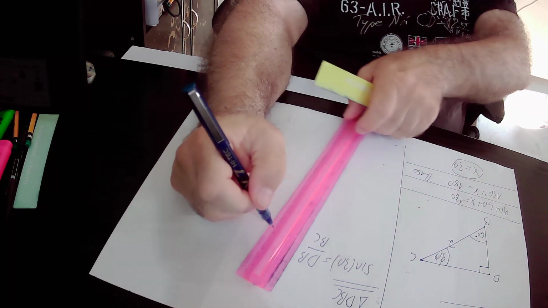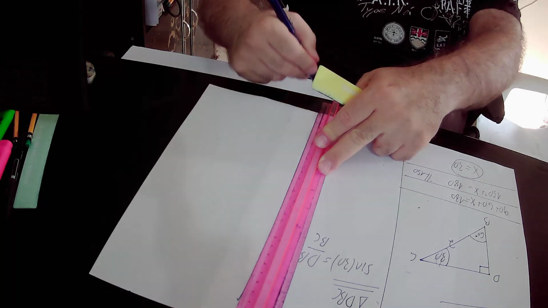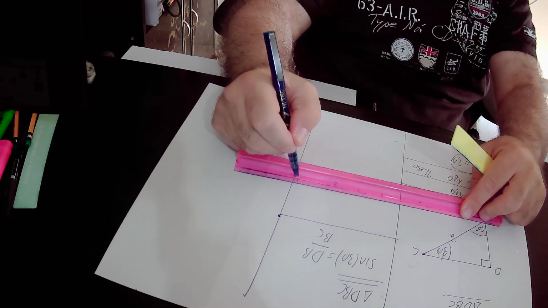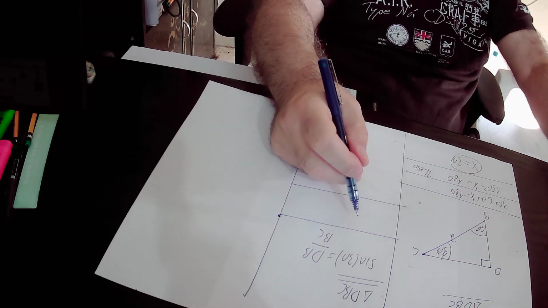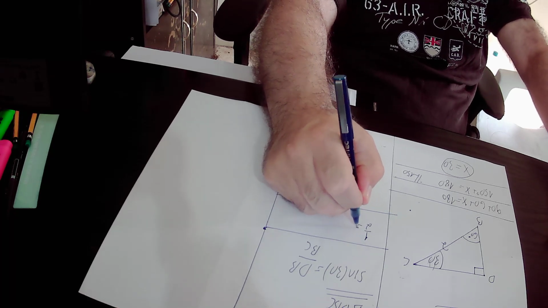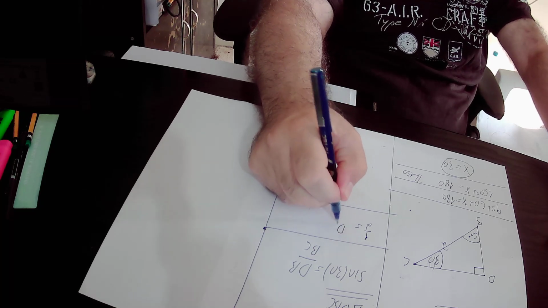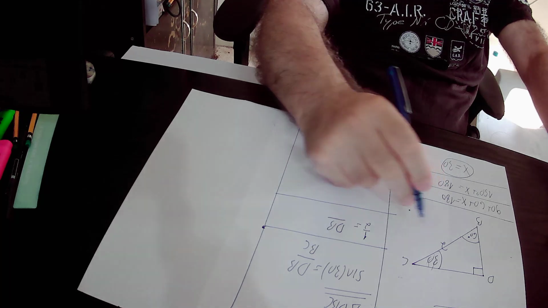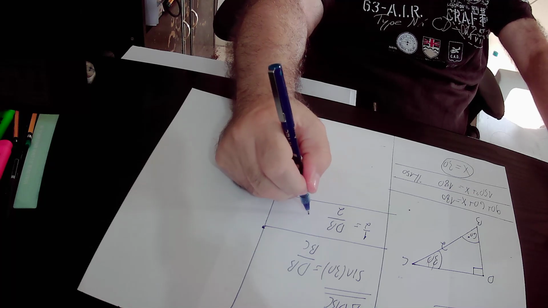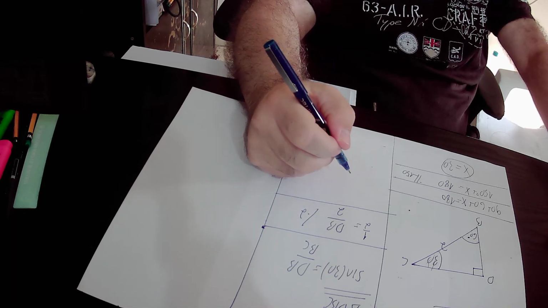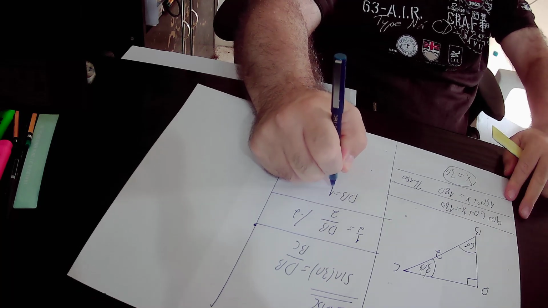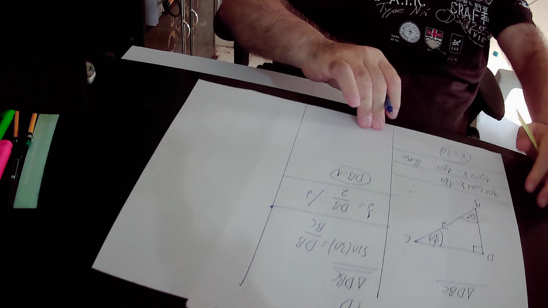Sine 30 degrees is 1/2, so we substitute sine 30 degrees by 1/2. It is equal to DB over BC, and BC equals 2 units, so we substitute BC by 2, and we get that 1/2 equals DB over 2. We multiply this equation by 2, and we get that DB is equal to 1 unit. Here DB equals 1 unit.